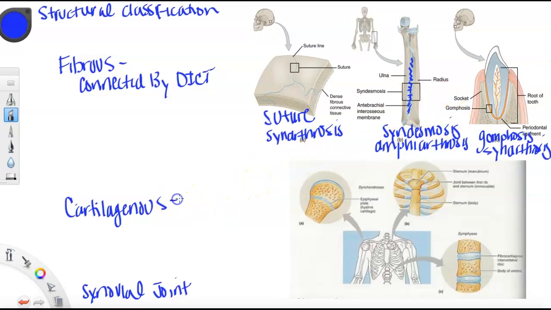So the cartilaginous joints, they're held together by some flavor of cartilage. So connected by cartilage. So we have a couple here. This is a synchondrosis.